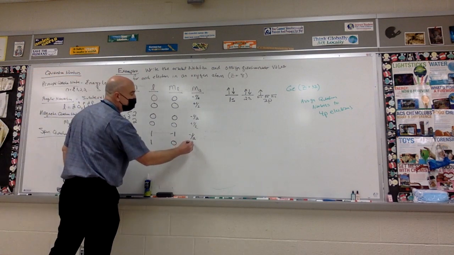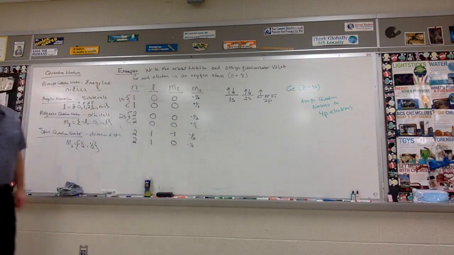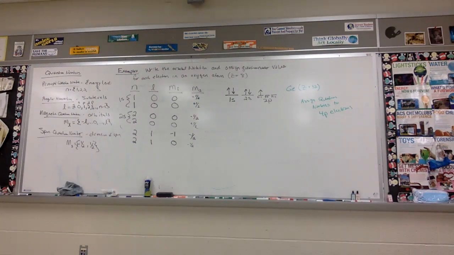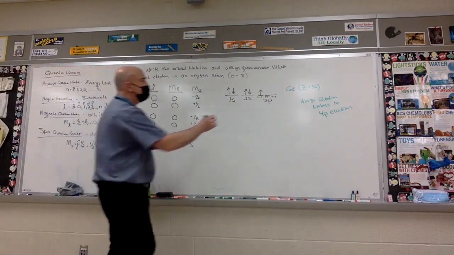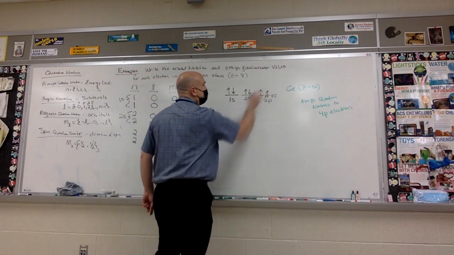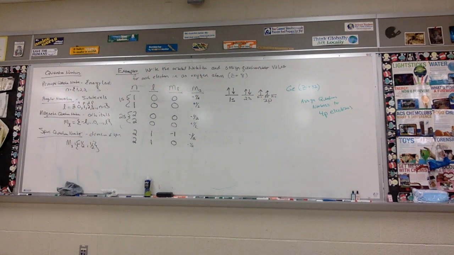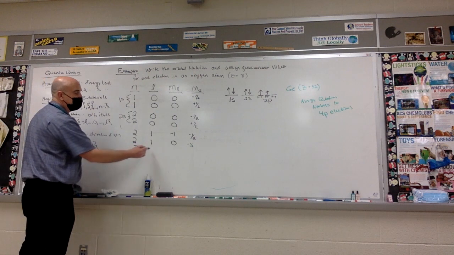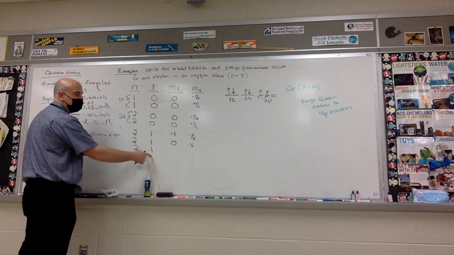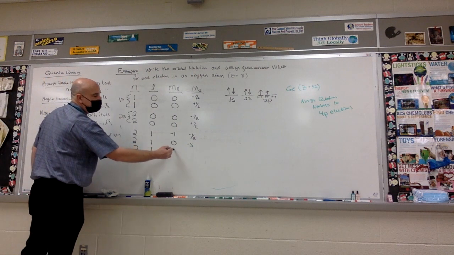And when they go in one at a time, they spin the same direction. They don't spin the opposite direction until they pair up. So there's my next electron. And then the next one, still in the 2p, has a value of 1.